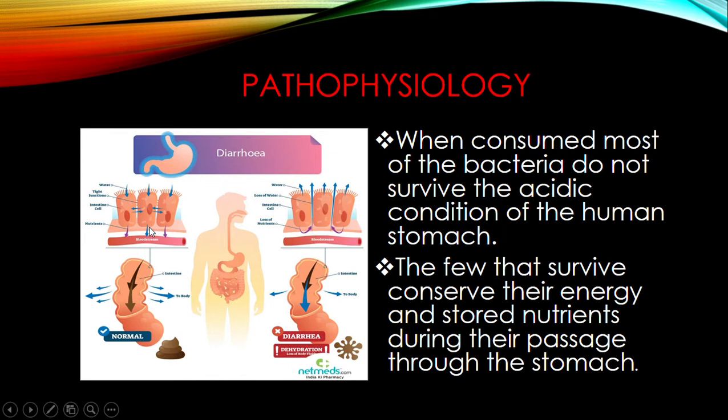So this toxin, part of this will enter into the cells. So these are the cells. Part of it will enter into the cells and it will now activate, or it will disturb the enzyme that regulates the entry of water and electrolytes in this cell.